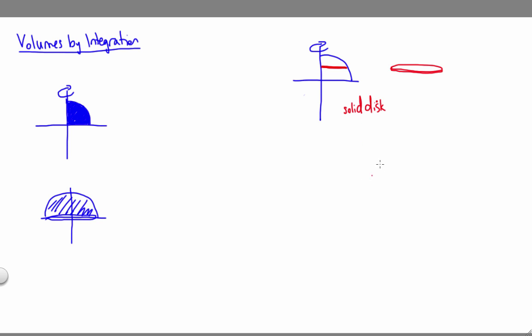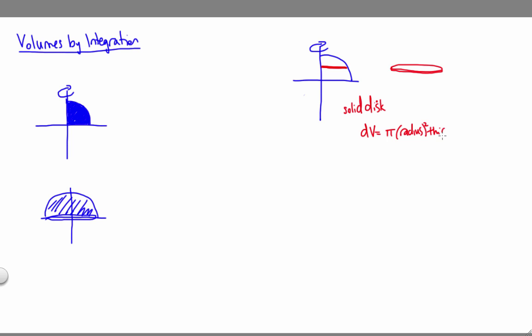You could think of it like a pizza, but infinitely thin. So it's circular, very thin. And dV is going to represent the volume of this solid disk. All right, so because it's circular, it's going to have area pi r squared, so pi times radius squared.